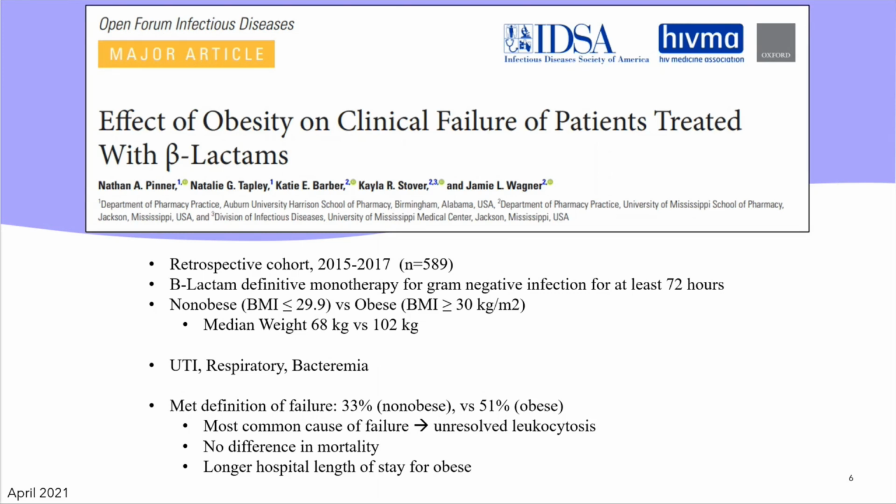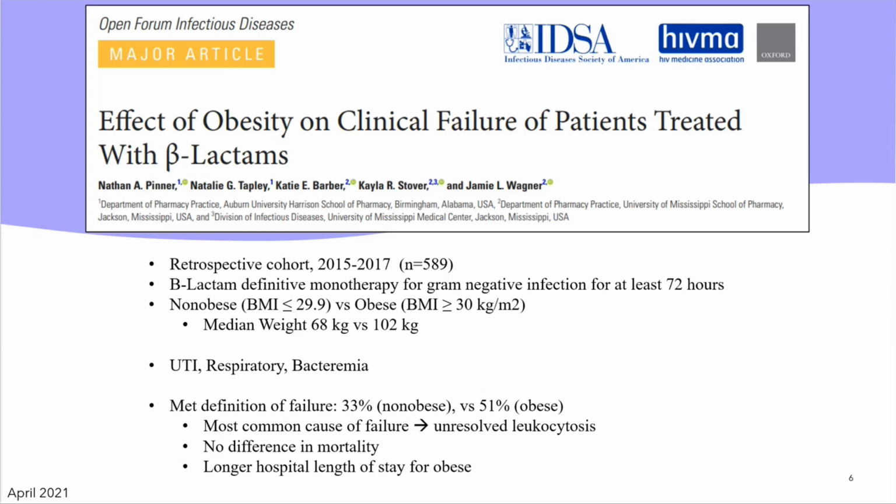So here we have a retrospective multi-center cohort of a decent size, almost 600 patients, looking specifically at hospitalized patients with gram-negative infections. They received definitive monotherapy with a beta-lactam for at least 72 hours.